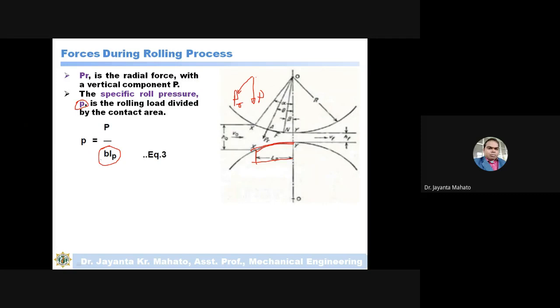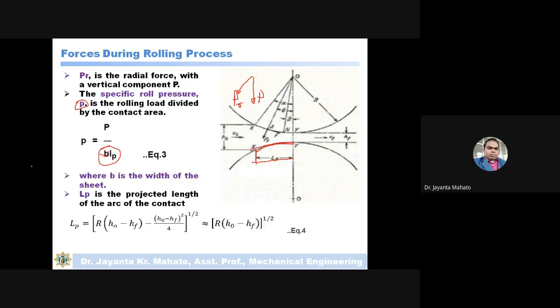So w is the width of the material, and Lp is the projected length of the arc. This is actually an arc form.